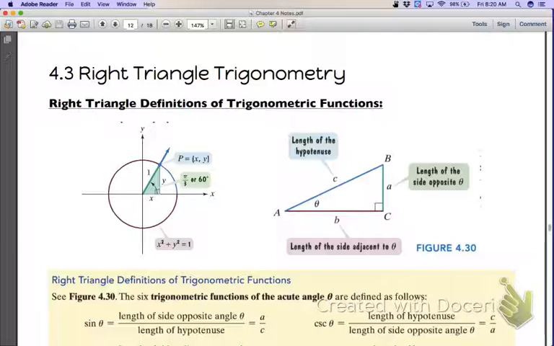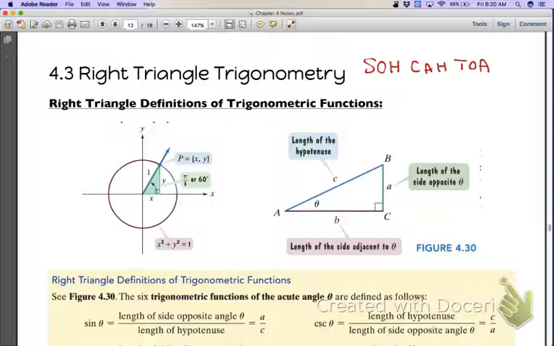So it doesn't change, like whenever we did, and we already talked about this a little bit, whenever we did SOHCAHTOA, it's the same stuff. So a lot of the same things that we've already talked about is really in this section.